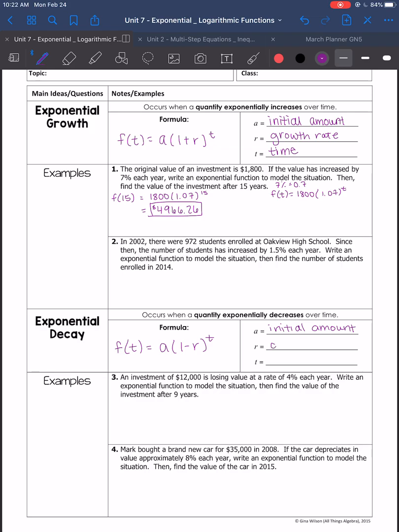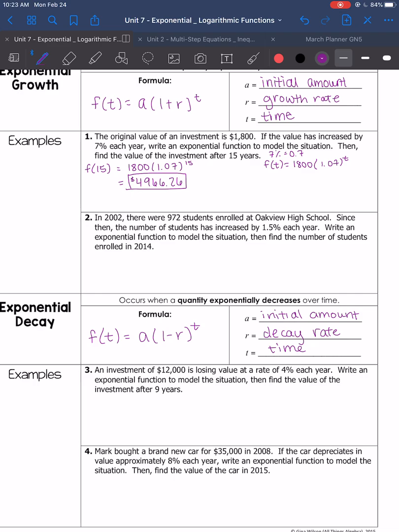R is your decay rate, and t is still time. So an investment of $12,000 is losing value at a rate of 4% each year, so 4% is 0.04. Write an exponential function to model the situation and then find the value of the investment after 9 years.